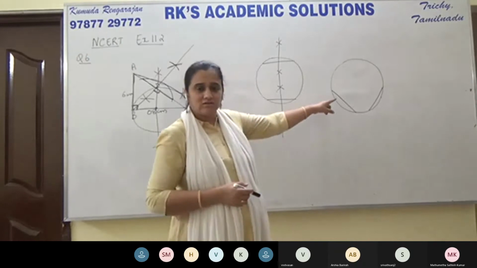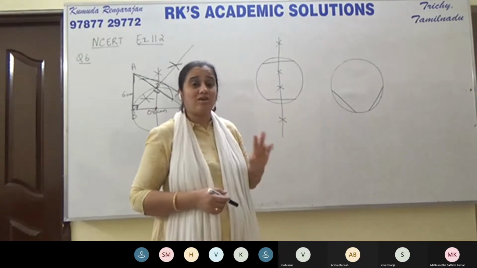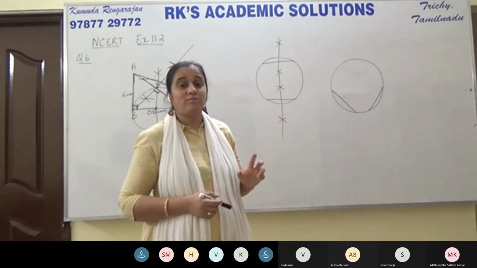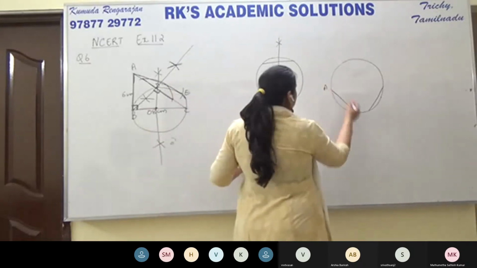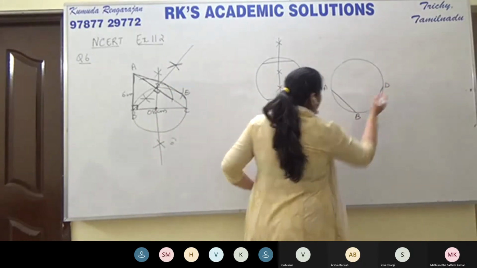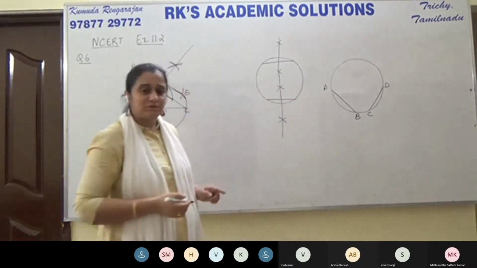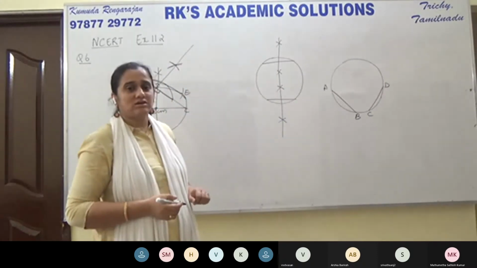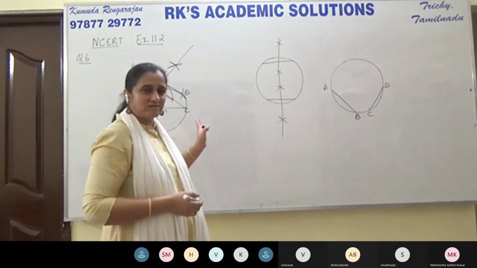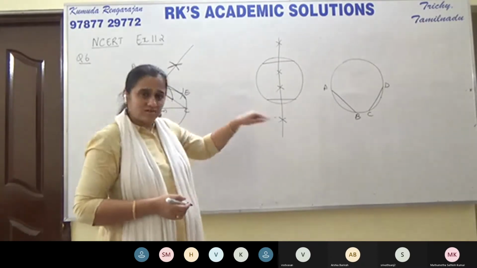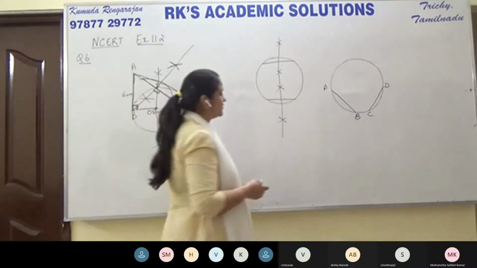Take two non-parallel chords. Let's call them AB and CD. Construct the perpendicular bisectors of these two chords.